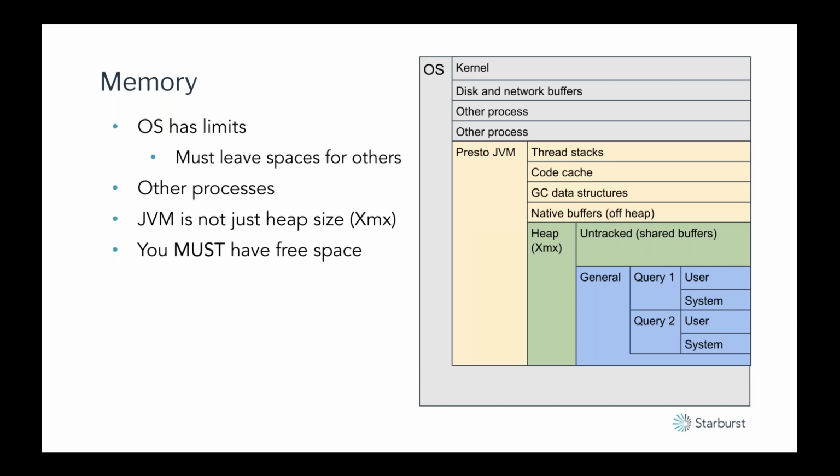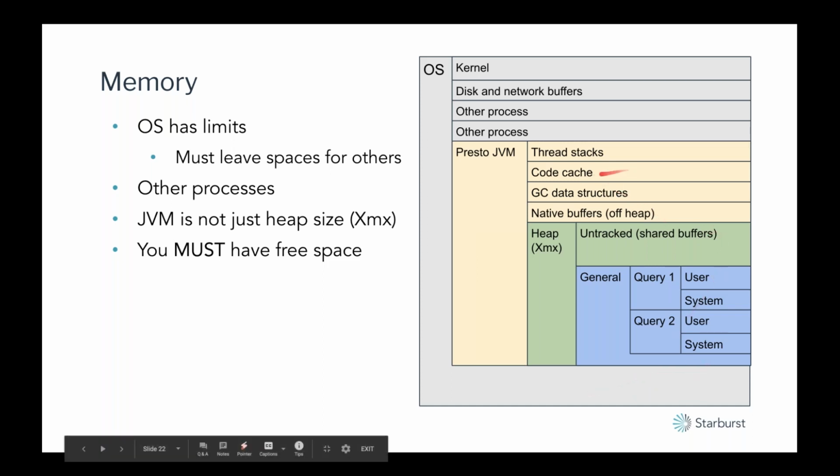So you end up with a bunch of memory allocated to the thread stacks. The code that you're actually running gets compiled down to native structures. That native code actually takes up a lot of space, especially in Presto, because we're generating code for all these queries. That's a lot of code in memory. That's going to take up some space. Typically, this is like 500 meg.